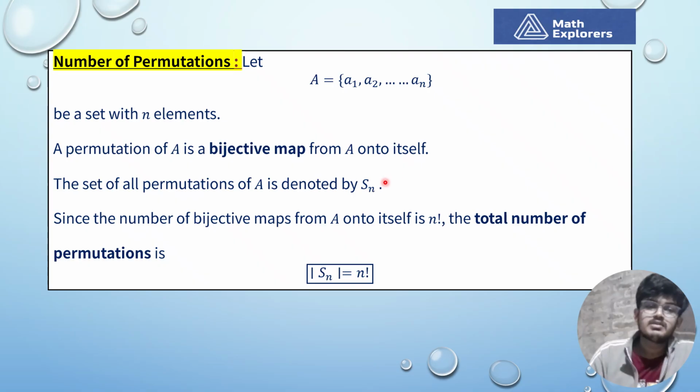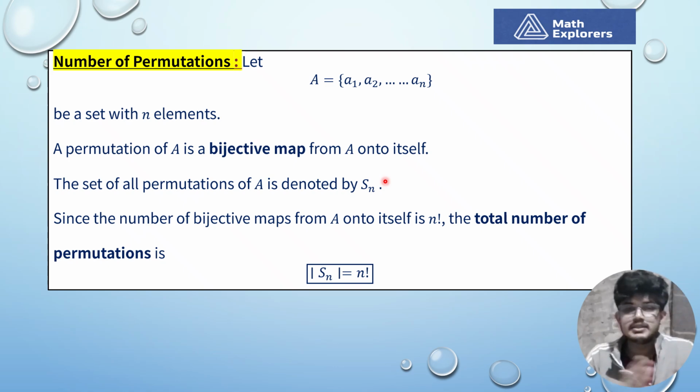So मैंने पहले एक प्रॉब्लम करा है, उसमें कितना बाइजेक्टिव मैप होती है एक फाइनाइट सेट के अंदर देखा है, वहां पर n फैक्टोरियल। तो यहाँ पर भी कितने परमुटेशंस होंगे? यहाँ पर भी n factorial होगा। Clear? And the set of all permutations of A is denoted by Sn. And the total number is n factorial. That means the cardinality of Sn is n factorial. Clear?